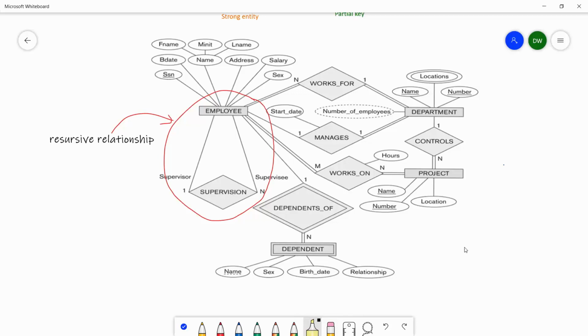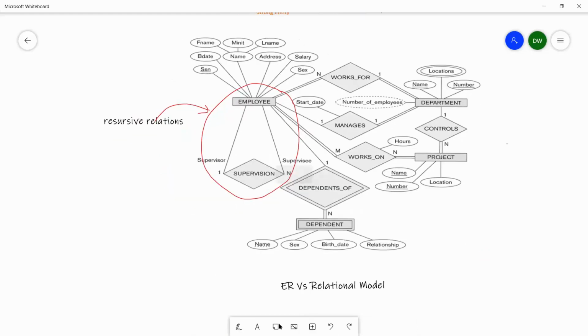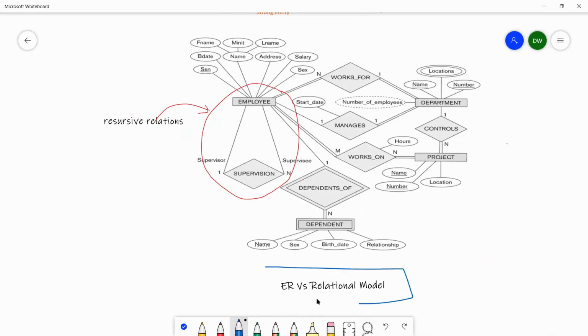And now the important thing we are going to move on to is the relational model. Here you see a term called ER as well as relational model, right? You have ER and relational model. ER means entity relationship.